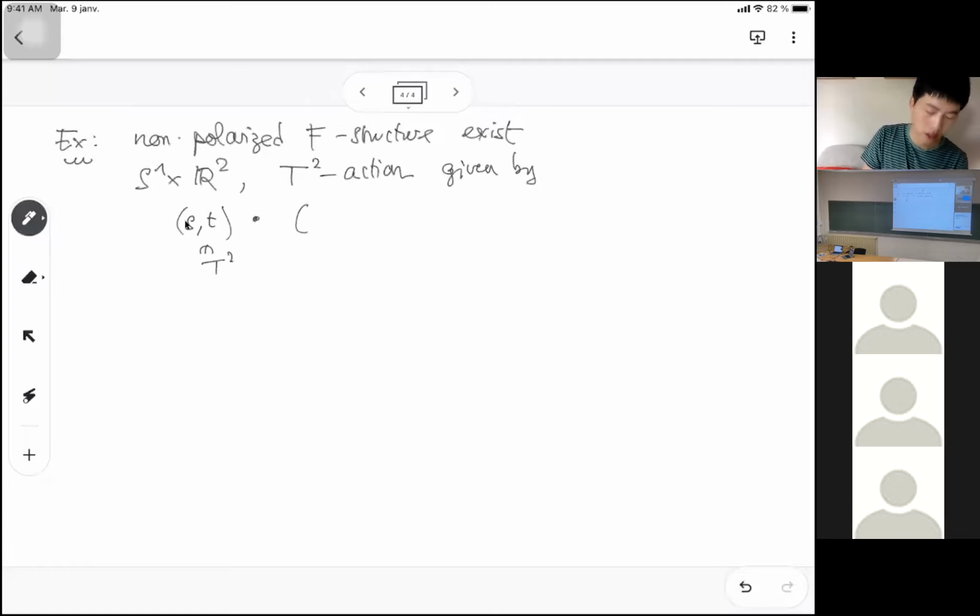It acts on an element of S1 cross R2 as follows: this is S1 cross R2, and it gives the new element. So as you might expect, you rotate in the S1 direction, and you also rotate in the R2 direction.